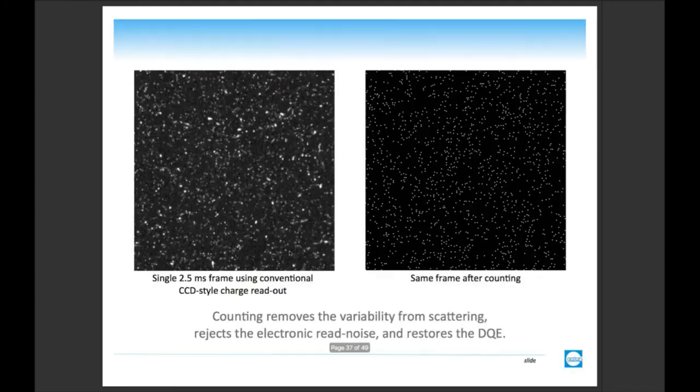This is a movie he was showing where it records different electron events over a certain amount of time, and regardless of how intense each electron event is, because of the nature of the readout, we can identify each one as a single electron event. That can be more clearly portrayed in this image right here, seeing a direct detector readout versus a CCD readout.